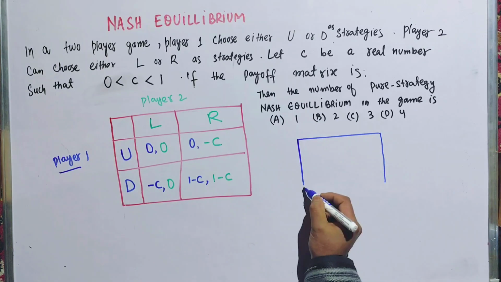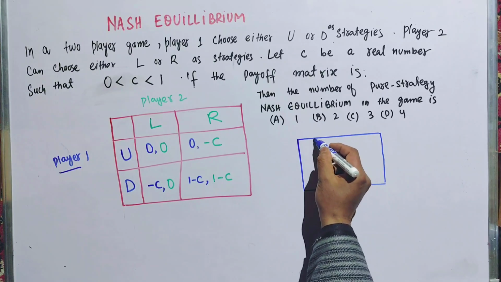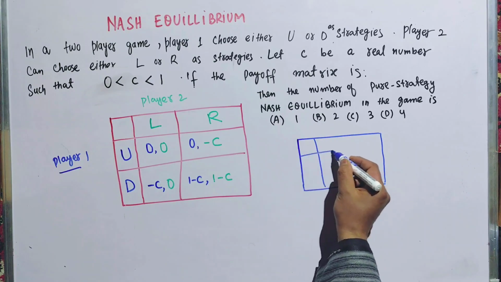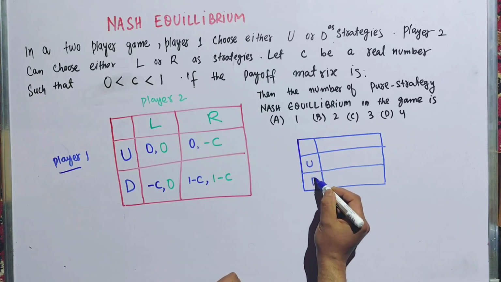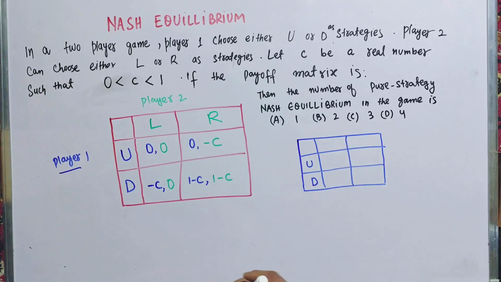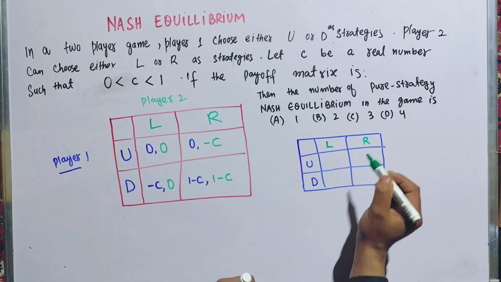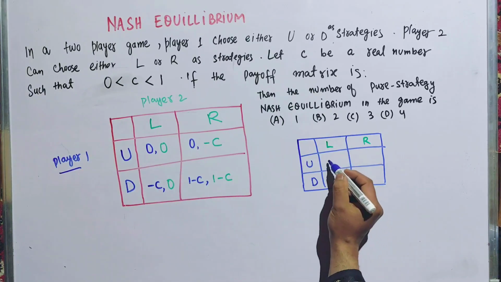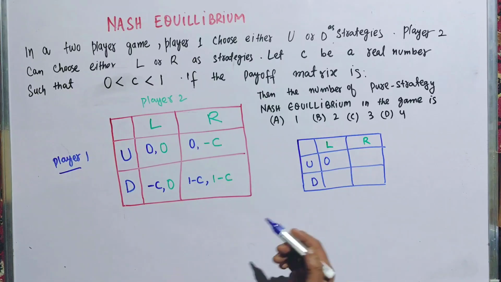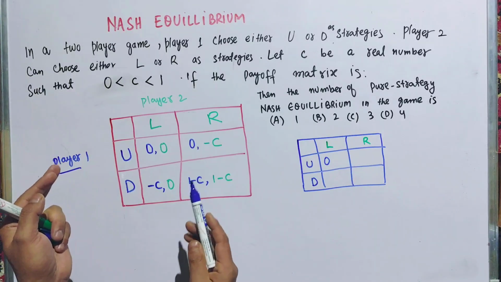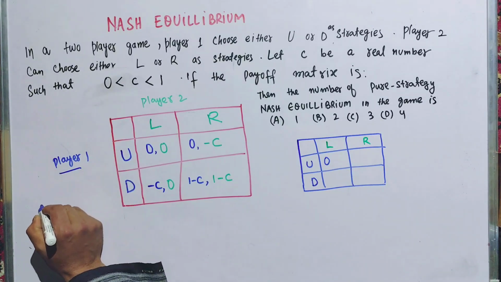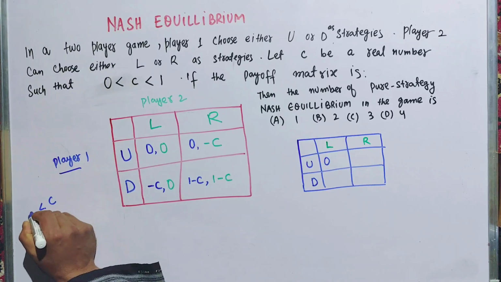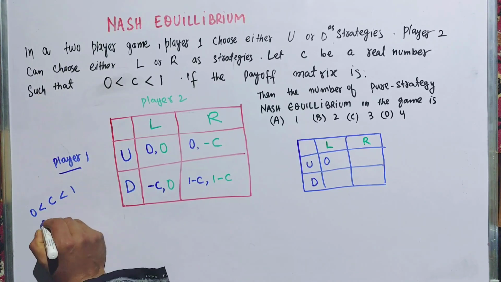So if I rewrite this here, we have up and down, and here we have left and right. Since we are told that C is greater than 0 and less than 1, let us take any number.